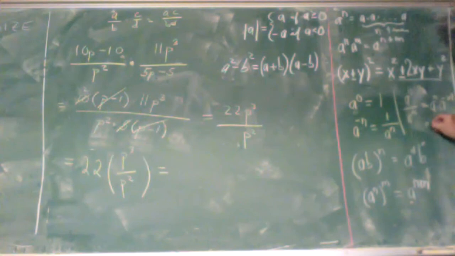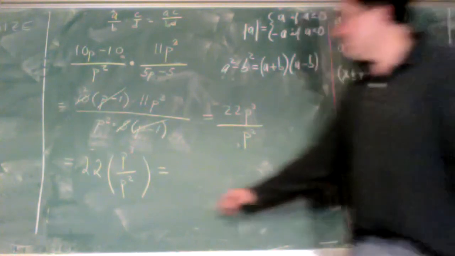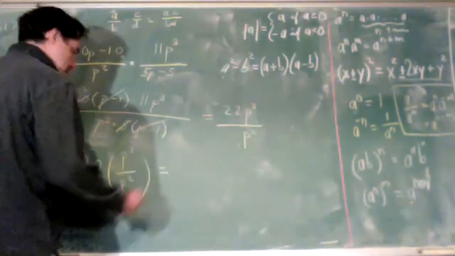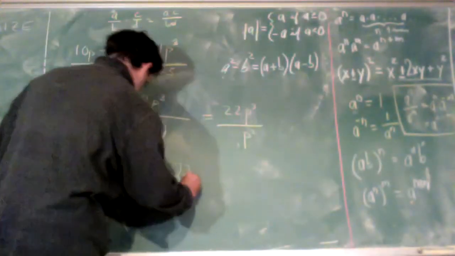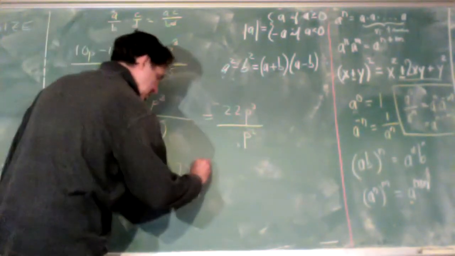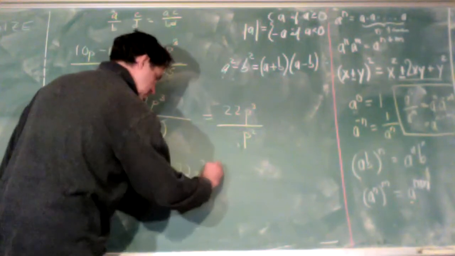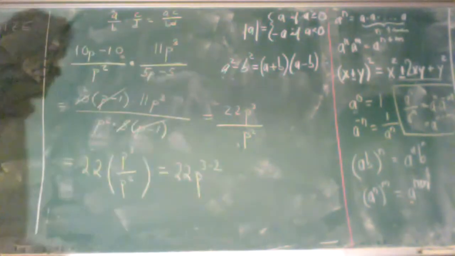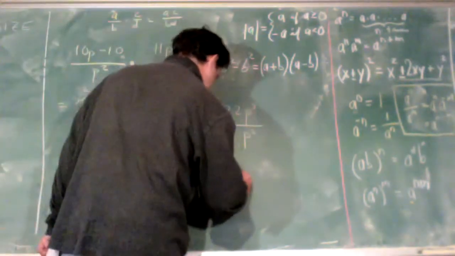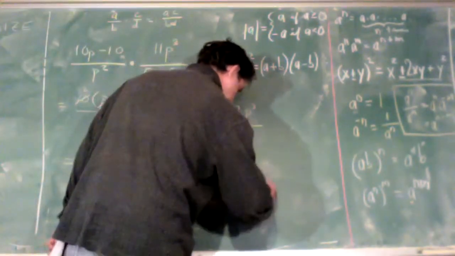Now the sum becomes a difference, a to the n minus mth power. So having grouped these, we now apply our rules of exponents and obtain 22 times p to the 3 minus 2. 3 minus 2 being 1, we're left with 22p.